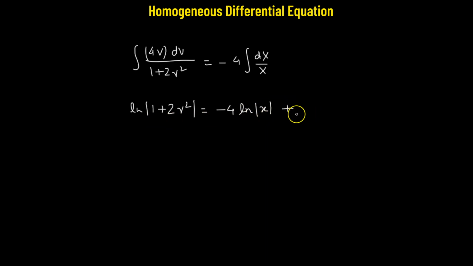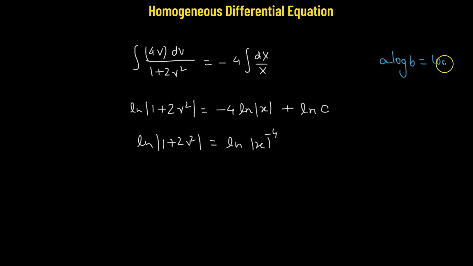Now we also have to have a constant of integration since everything is in terms of logarithm. So we will consider natural log of c. Right. So we have natural log of 1 plus 2v squared equals log of x raised to the power of negative 4. Here we have used the property a times log of b simply equals log of b raised to the power of a, plus log of c.